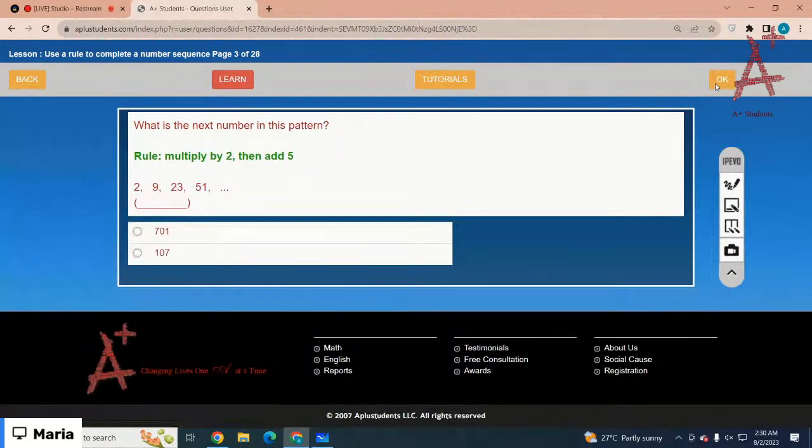Okay, what is the next number in the sequence? So which is the correct option? We are given the rule that is multiply by 2 then add 5. So which is the correct one?